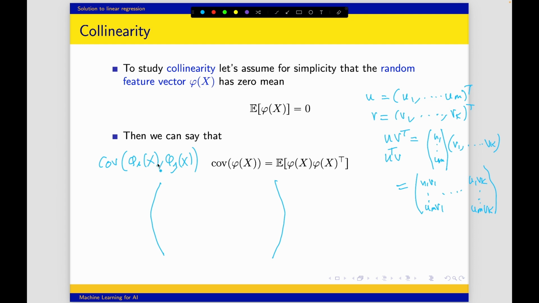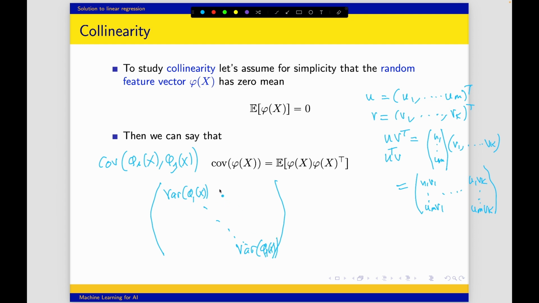Now, if we put i equals j, this becomes a variance. So along the diagonal, we're going to get the variance of psi 1 of x down to the variance of psi p of x, right?